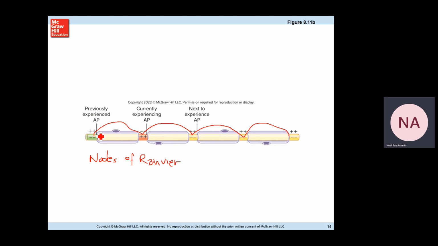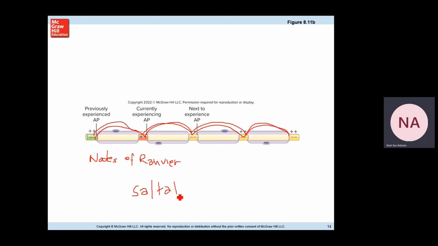That type of conduction is called saltatory conduction, from the Latin word salta, meaning to jump. Conduction is faster when it is saltatory.